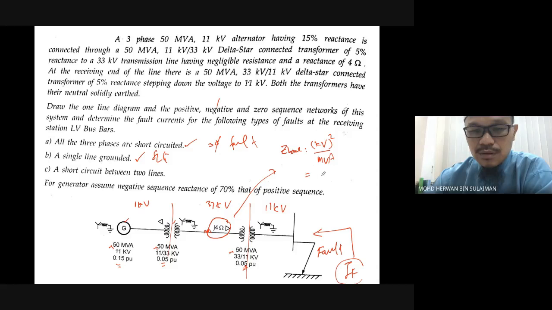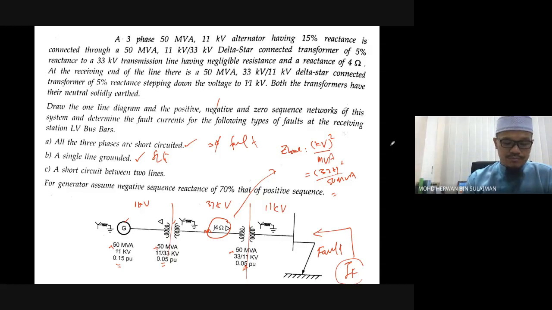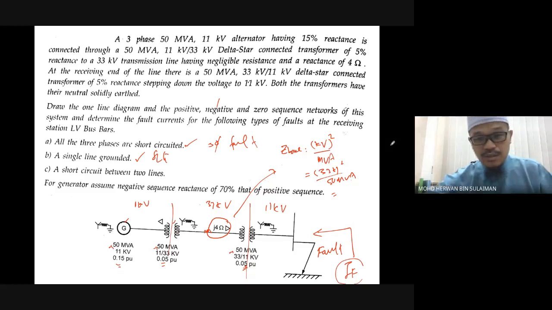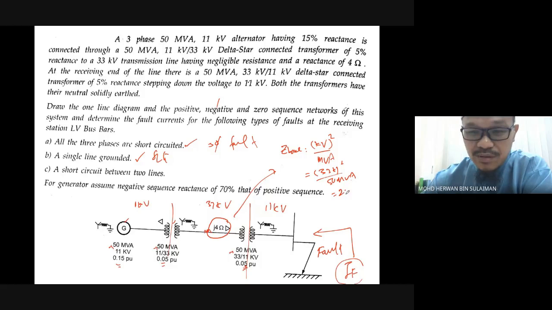So 33 kV squared divided by 50 MVA. What do you get? We calculate 33,000 squared divided by 50 MVA. So you get your Z base equals 21.78 ohms.